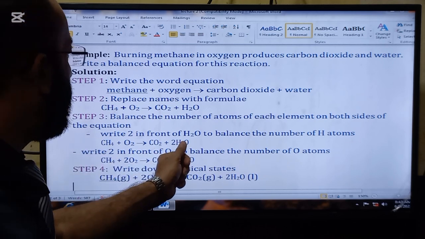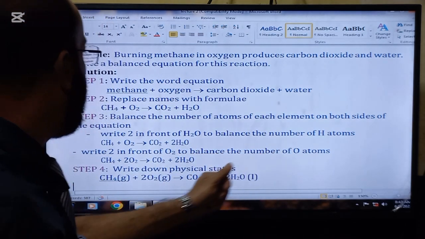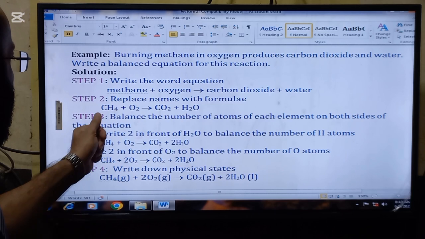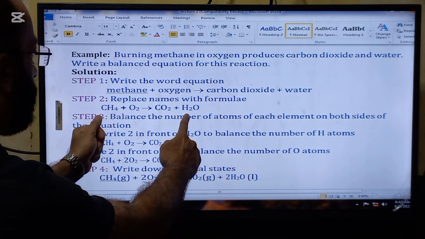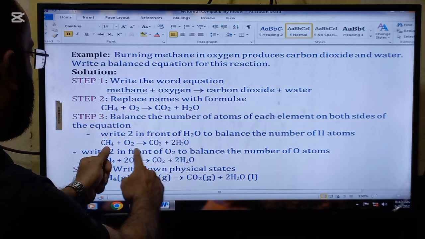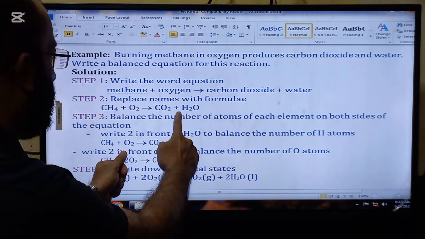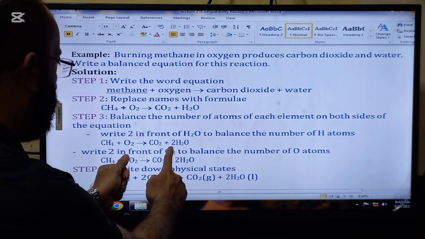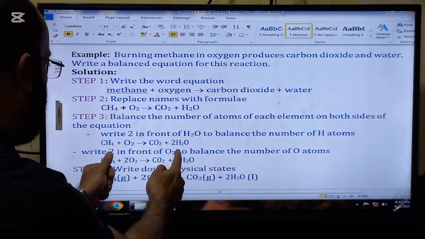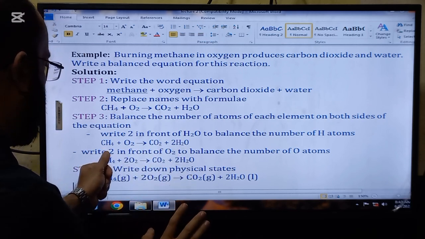Write 2 in front of H2O to balance the number of H, because there are 4 H on the left hand side and 2 H on the right hand side. So we will write 2 in front of H2O to balance the number of atoms on both sides. So look now, at this step you can see the number of hydrogen atoms are balanced now.